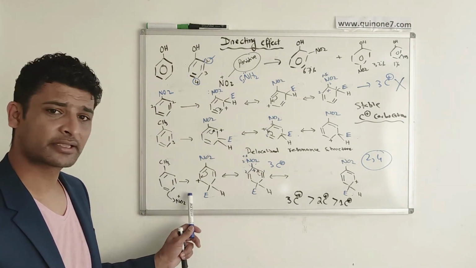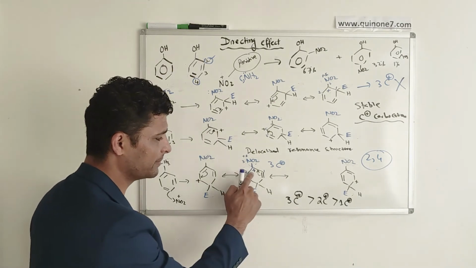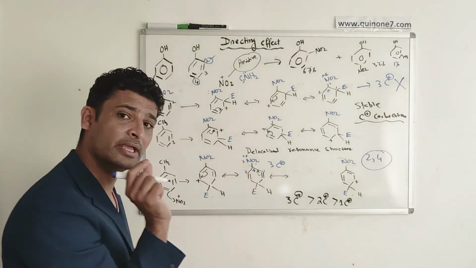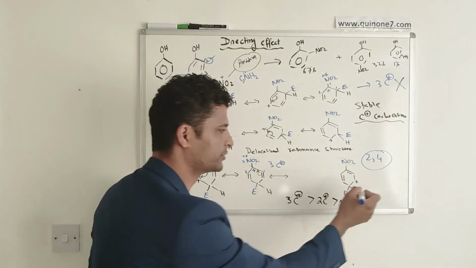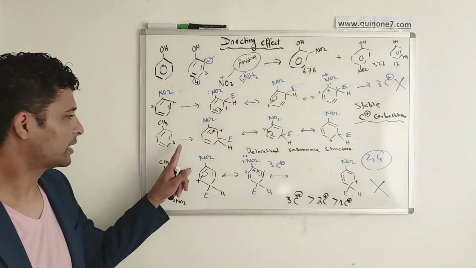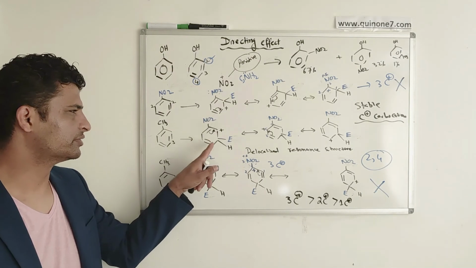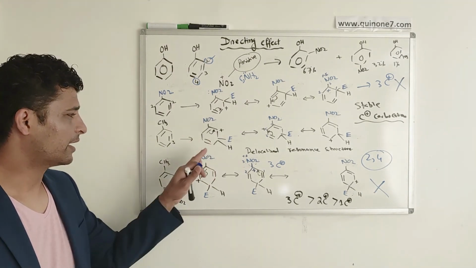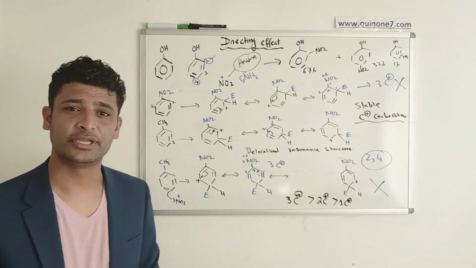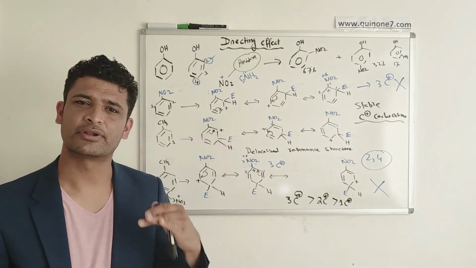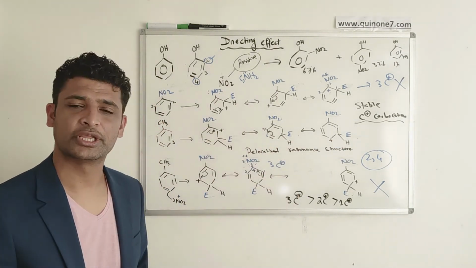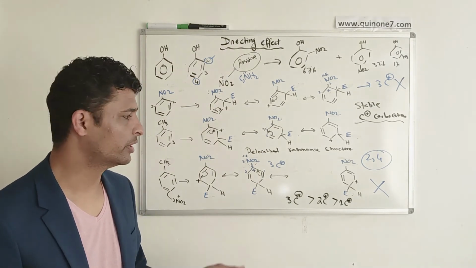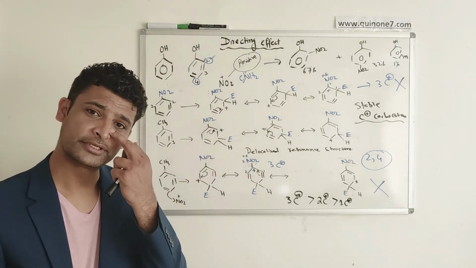In the third one, you will see the positive charge appears right next to the nitrogen, which is carrying a positive charge, so this is also not stable. The last one is the benzene ring where you can see that the positive charge did not appear right next to the nitrogen. So basically, this one is the most stable product based on the most stable intermediate.